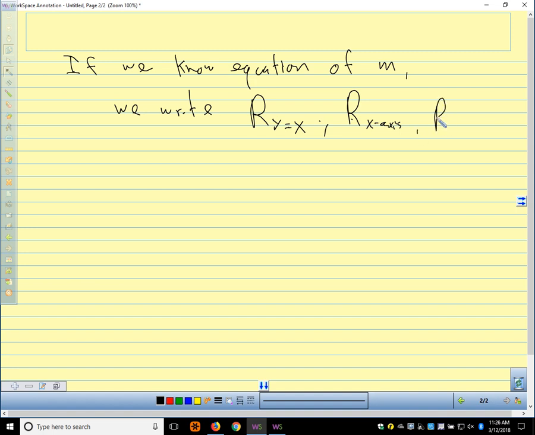Or the reflection over the line y equals 3x plus 5. So we put the equation of the mirror line down there on the bottom. And reflecting across the x-axis and the y-axis is pretty easy. That would be my suggestion for your project. Just choose to reflect over the x-axis or the y-axis, because those are pretty easy to do.